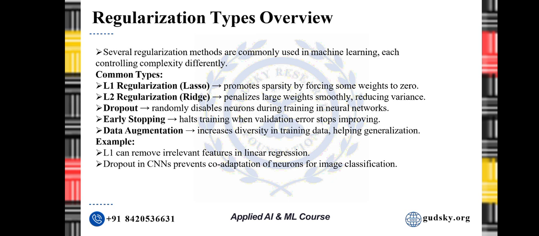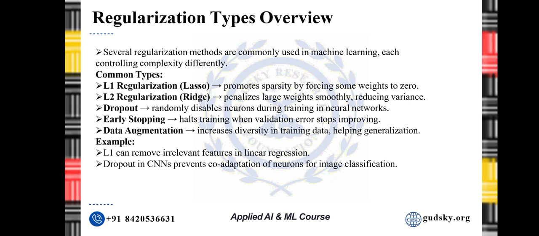And dropout, for neural networks: during training, it randomly turns off some neurons. This prevents the network from becoming too dependent on specific paths, improving generalization. Then early stopping: you monitor validation error and stop training when it starts increasing, before overfitting kicks in.